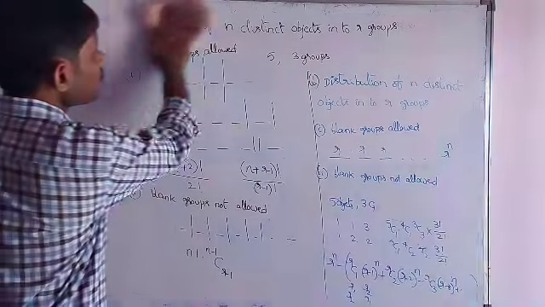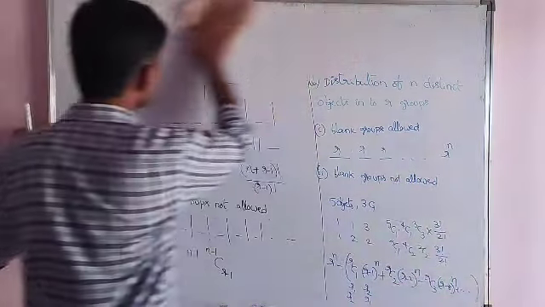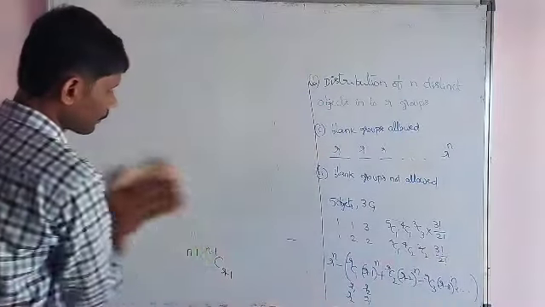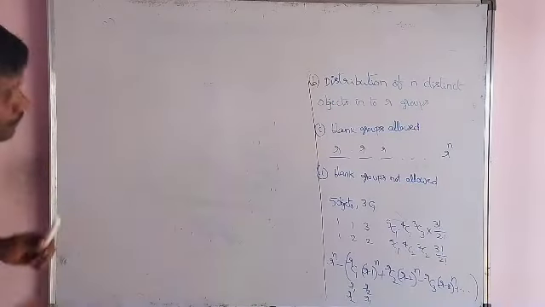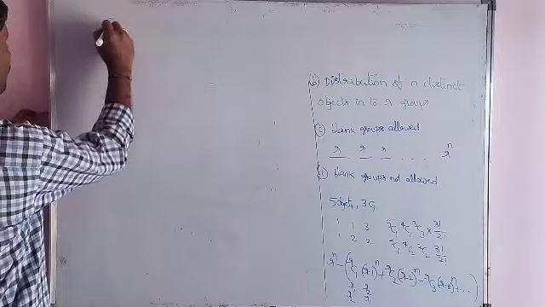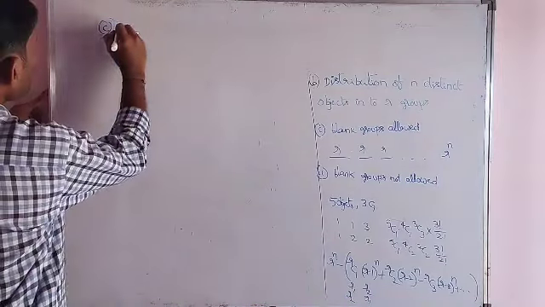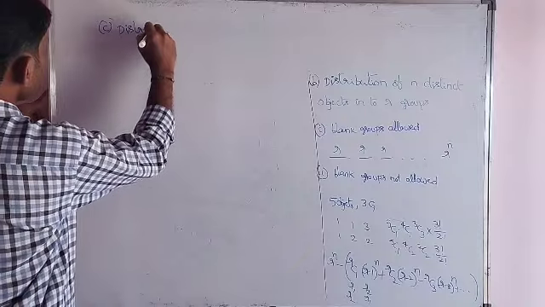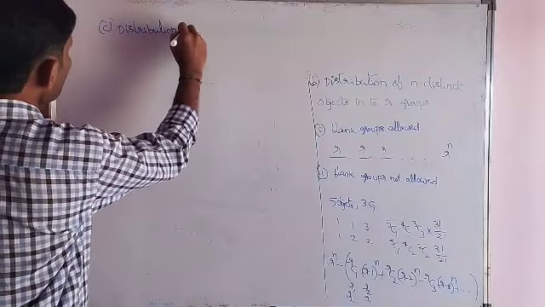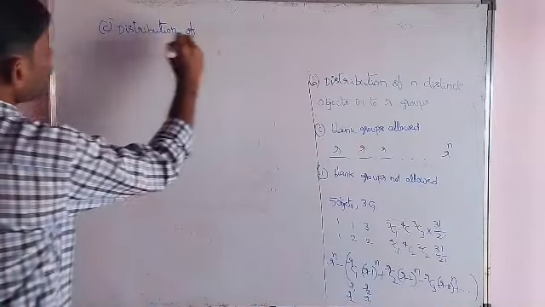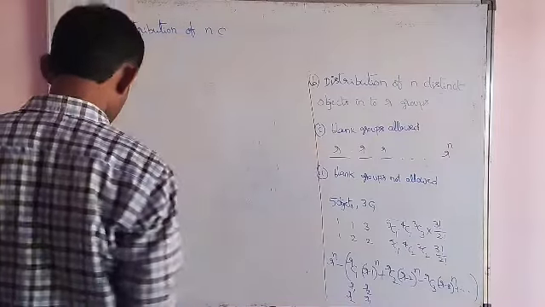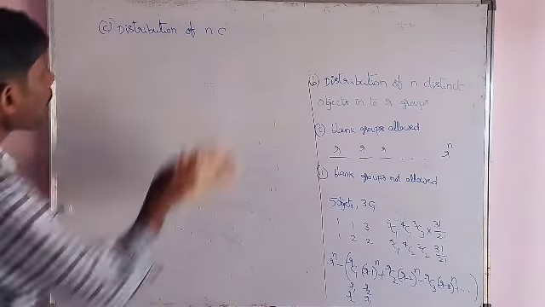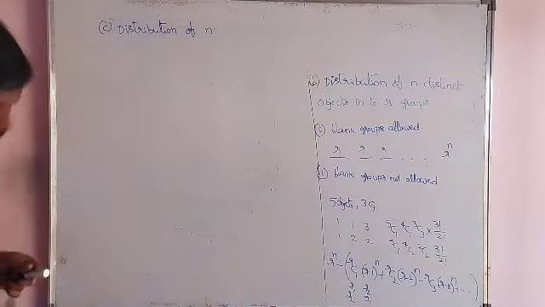So the third one, distribution of n identical objects into R groups.